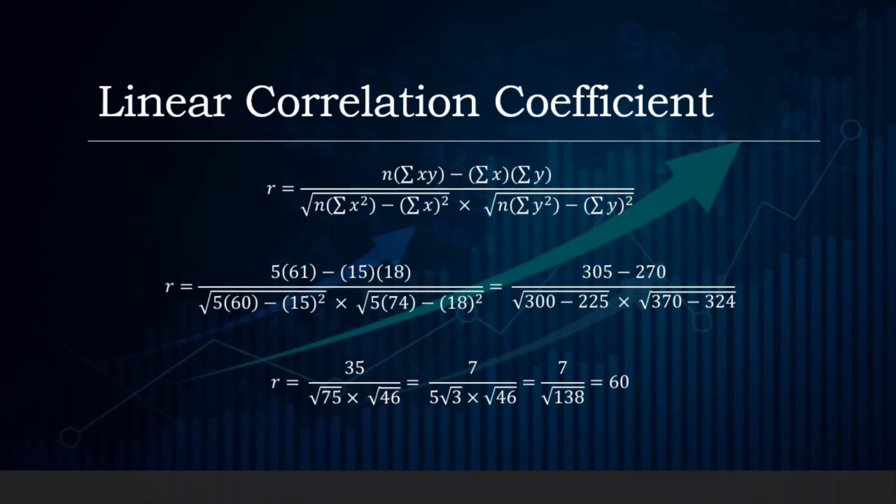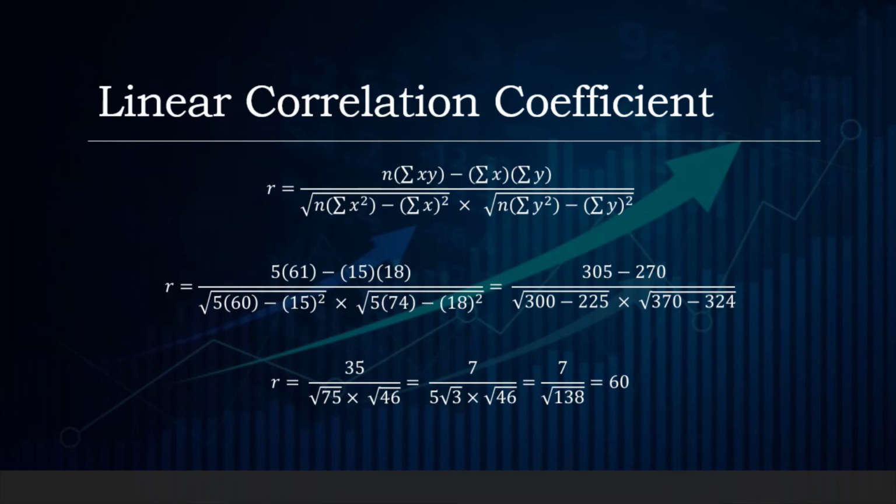Let's try to solve this. R equals 5 times 61 minus 15 times 18 divided by the square root of 5 times 60 minus 15 squared times the square root of 5 times 74 minus 18 squared equals 305 minus 270 divided by the square root of 300 minus 225 times the square root of 370 minus 324.